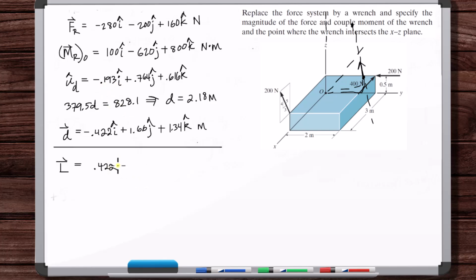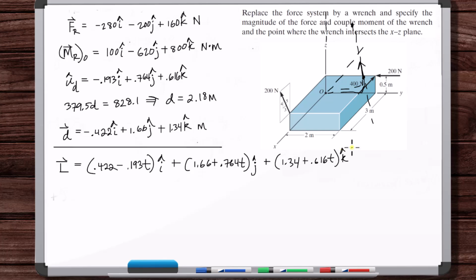It's a parametric equation, plus 0.193 t I hat. Plus 1.66 plus 0.764 t J hat. Plus 1.34 plus 0.616 t K hat.